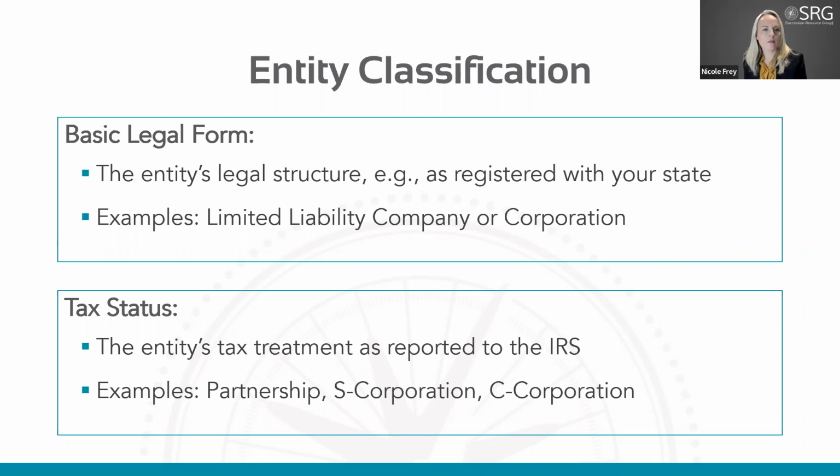And I listed the most common examples here, which is the limited liability company or a corporation. The basic legal form determines what you're submitting to the state. For example, are you filing articles of incorporation or are you filing articles of organization, which are for the LLC?